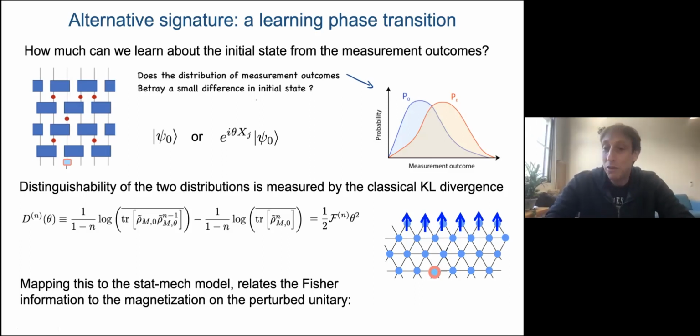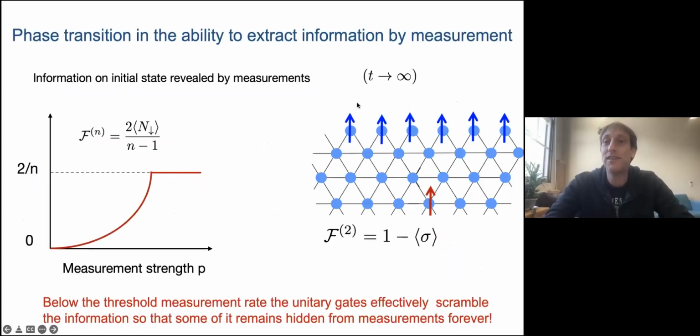So what should I expect? If it's in a ferromagnetic state, then that magnetization is non-zero, or maybe even close to 1, close to the maximum, in which case I have missing information compared to the maximum information I can gain from measurements about the initial state.